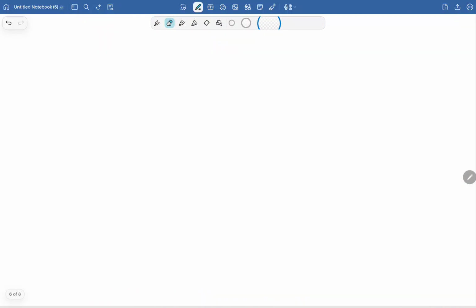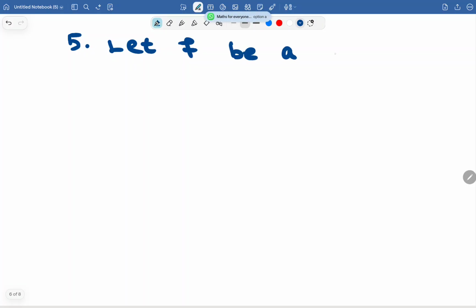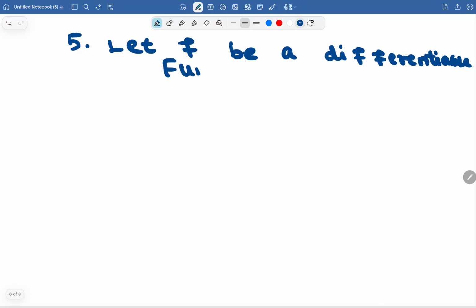Problem number 5. Let f be a differentiable function in a comma b.